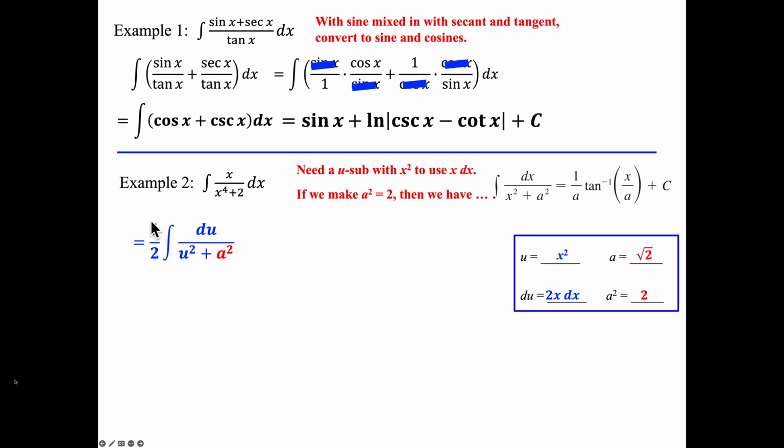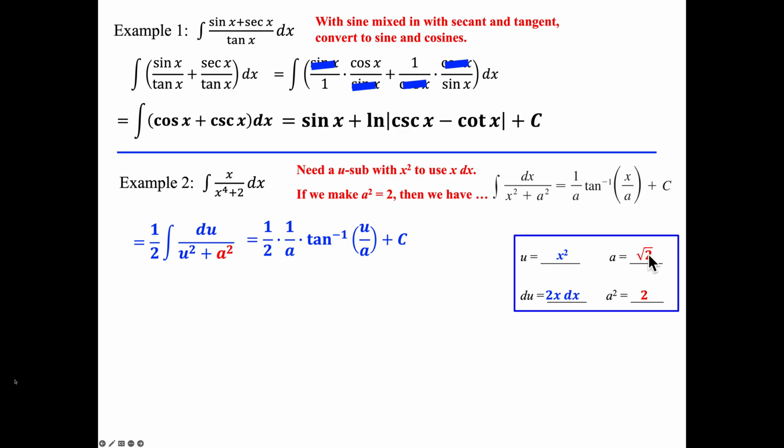So now I'm going to have 1/2 times the integral of x dx, that's my du, with my division of 2 went over with du, so I factored it to the front, u squared plus a squared. And I'm just going to write this in here. We're going to integrate with this formula, so that's going to be 1 over a times the inverse tangent of u over a plus c. Keep the 1/2 multiplied out front.